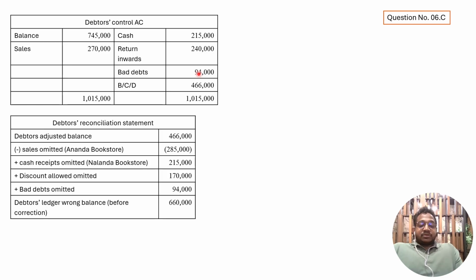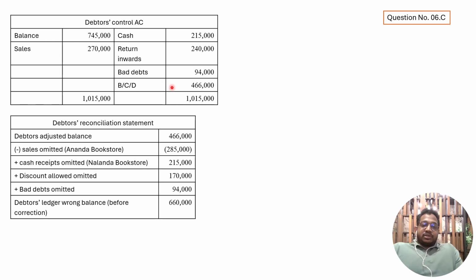And the total of the discount column in the March cash receipt journal, 170, the debtors they recorded correctly, so nothing to correct here. Returns 110 and 130, they didn't record in the debtors control account, so return inwards you should credit, and bad debts fully omitted, that also you should credit here.